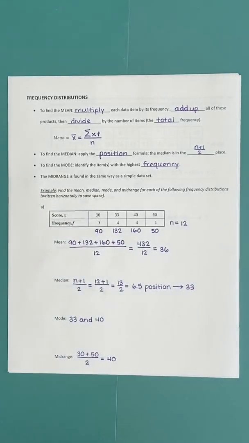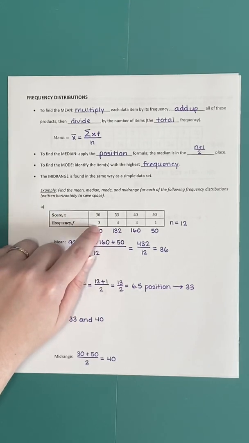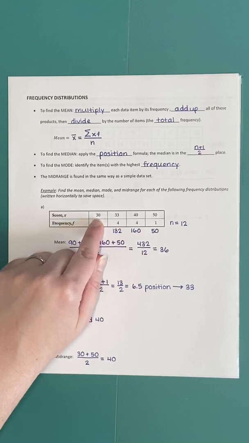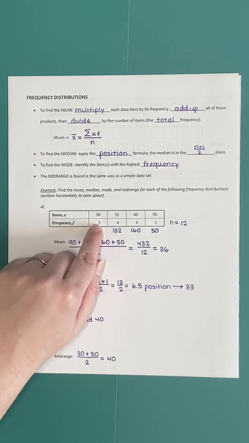Well, we want whatever's at the 6.5 location. Well, the first 3 elements in the list would have been 30. So positions 1, 2, and 3 would be represented by the number 30. We want to get to the 6.5 location, so whatever would be halfway between 6 and 7.